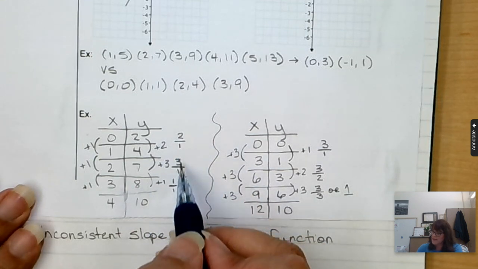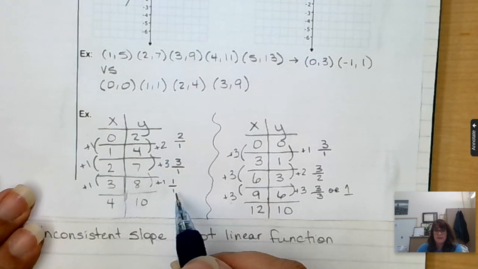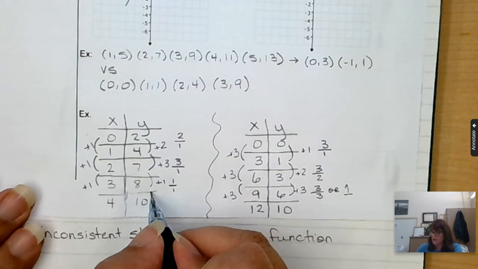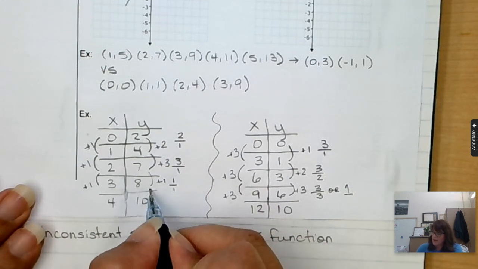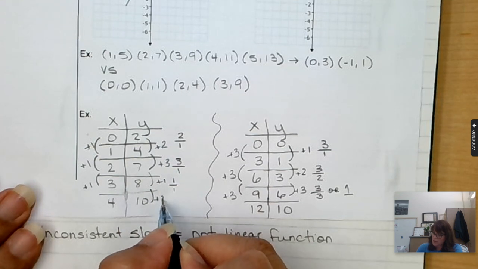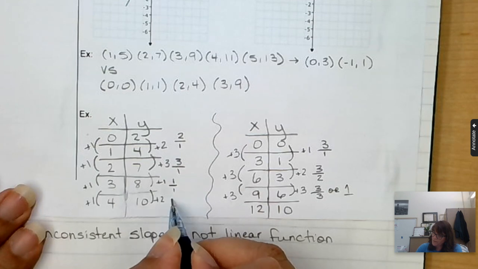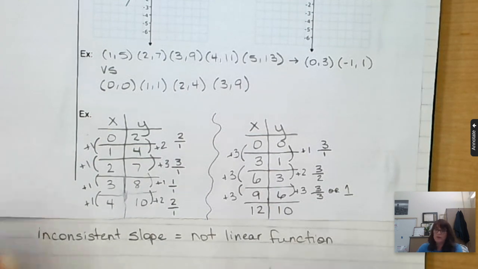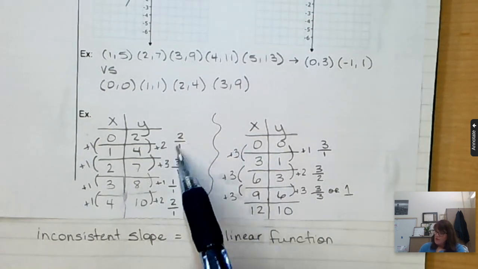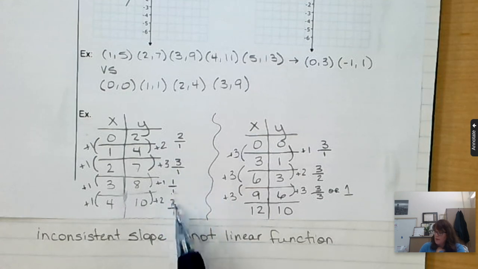And if they're not consistent, then it's not a linear function. Okay? A change of 2, a change of 1. So we have a slope of 2, then 3, then 1, then 2 again. That is not consistent, so it's not a linear function.